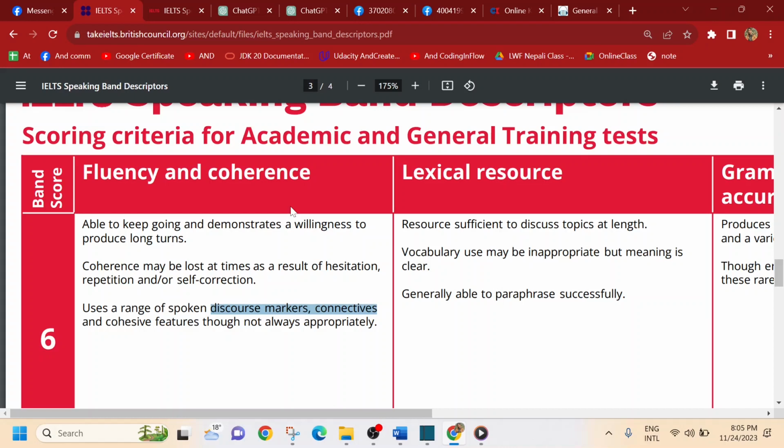This kind of overall sequencing of information is called discourse markers. Whereas connectives means connecting two or three sentences in your normal way. You can say because, maybe, however, or this is the reason. These are called connectives.